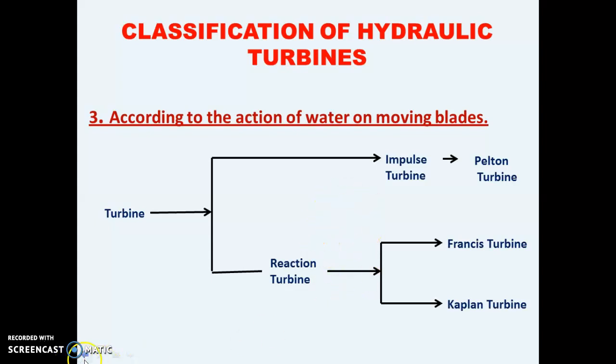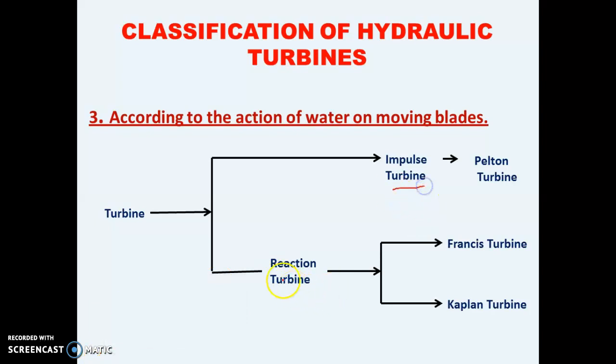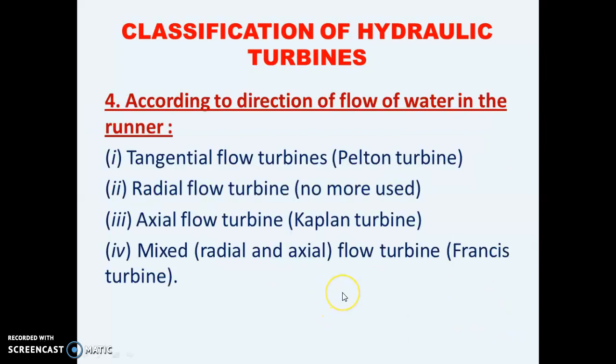What is meant by impulse turbine and reaction turbine, we will study in detail in the next lectures. Just remember impulse turbine is for low discharge and high head, and it has only one type, Pelton turbine, and reaction turbine is for high discharges and low head. Under that we have two types of turbine, Francis turbine and Kaplan turbine.